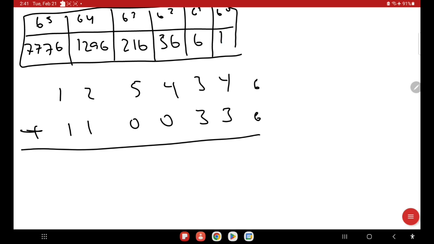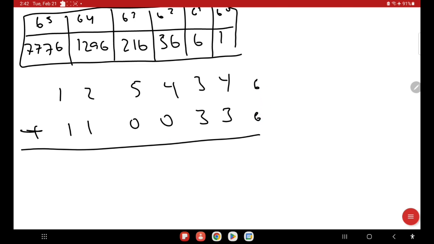This is the ones place. 6 to the first power, this is the 6th place. 6 to the second power is 36th place. 6 to the third power is 216th place. 6 to the fourth power is 1,296th place, and 6 to the fifth power is 7,776th place. So these are the 2 numbers I'm going to add up here, this one and this one here. This is indicating that it's in base 6.